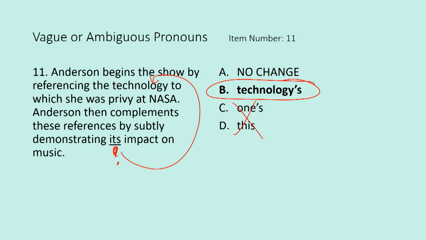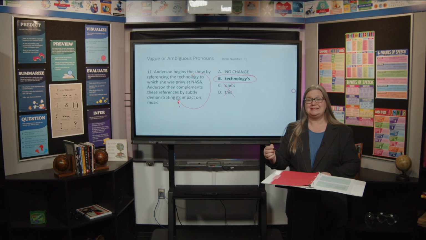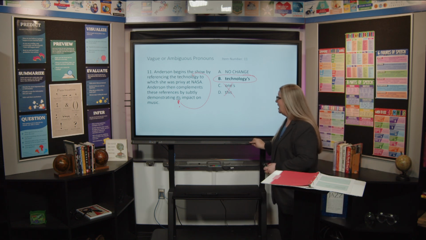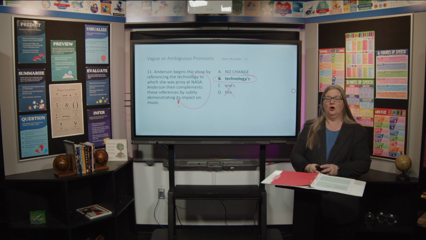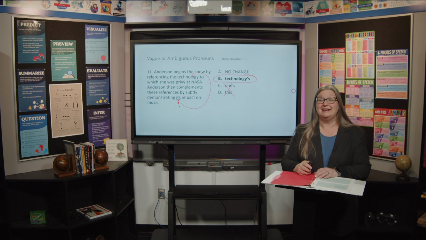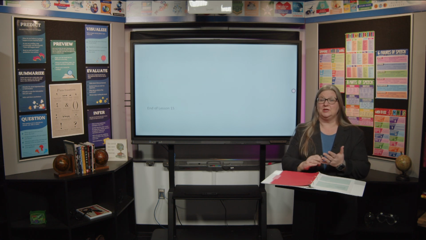We know that that doesn't work. We don't know what it is referring to on the impact of music until we go back to that previous sentence. So we reinstate the word technology's impact on music. That is all that I have for ambiguous pronouns and pronoun case and pronoun antecedent agreement.